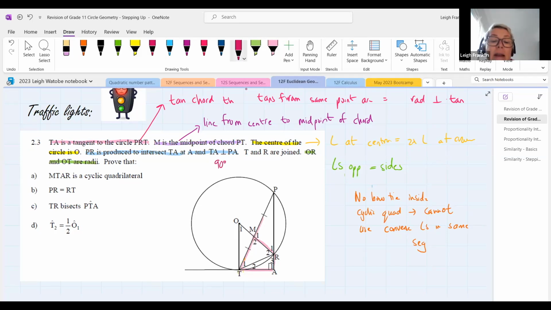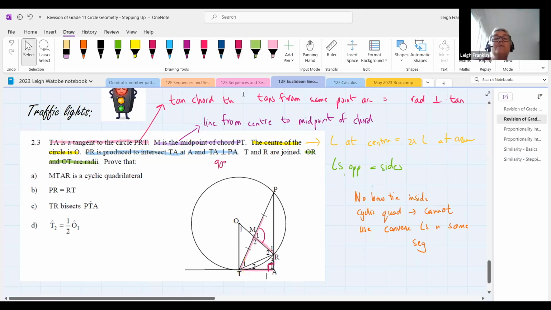We have an exterior angle. If I can prove that M1 equals A, the opposite interior angle, I've proved that the quad is cyclic. Okay, so now I've got to go back and look at the other information on the diagram. If this is true, what do I know about M1? So you tell me, sorry, I've done so much talking this lesson, you must be so sick of listening to me. What do you know about M1?